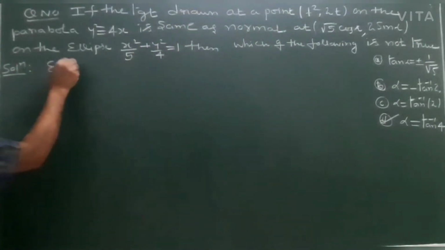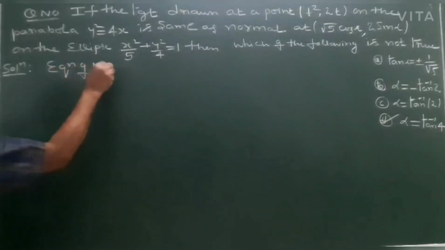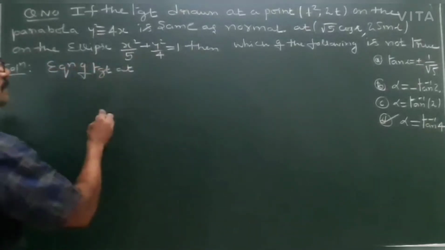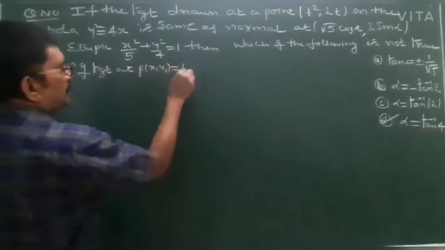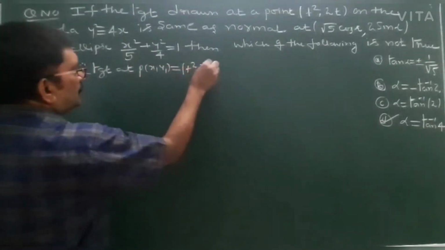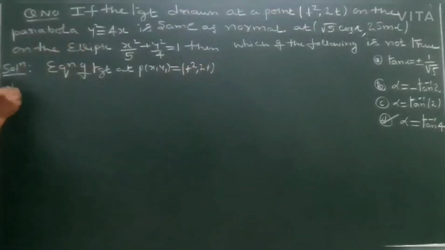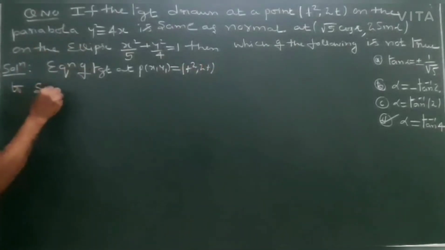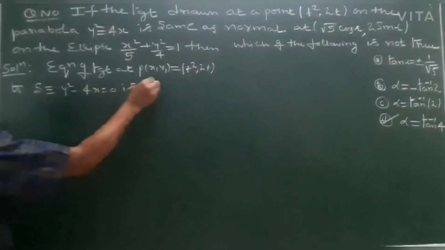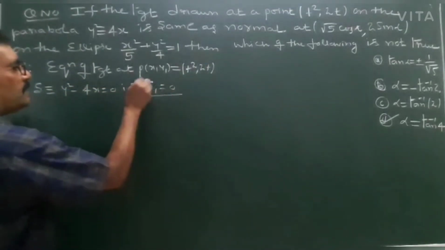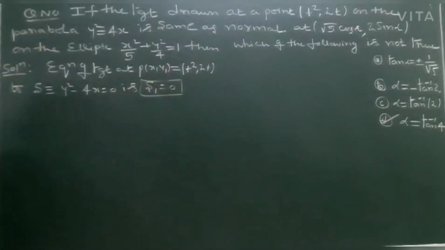Equation of the tangent at P(x1, y1) equal to (t square, 2t) is S1 equal to 0, where S is y square minus 4x equal to 0. Or else directly you can write the parametric equation of a tangent to the parabola as y1 times y minus 2 into (x plus t square) equal to 0.